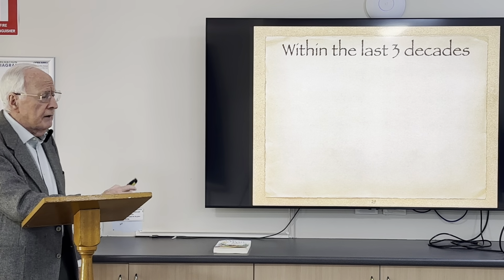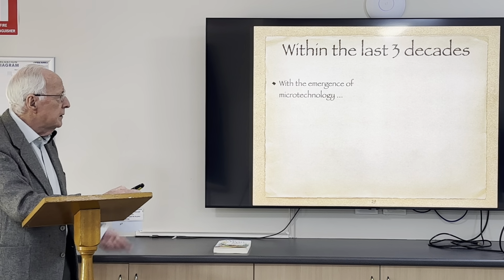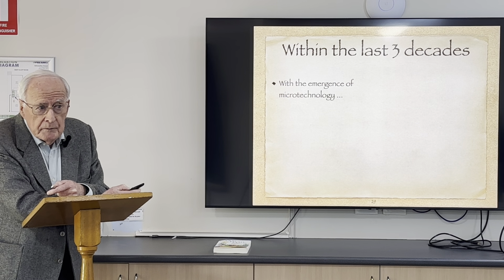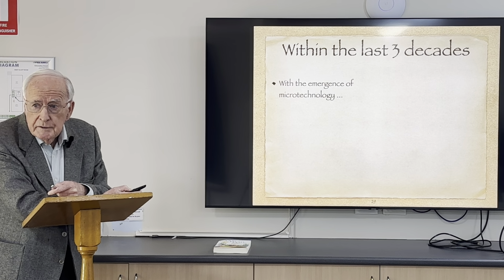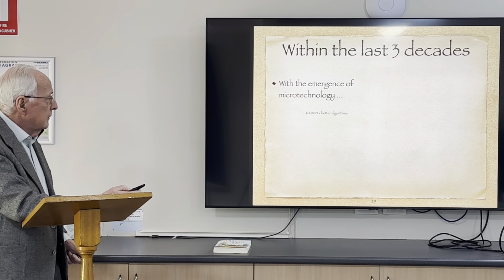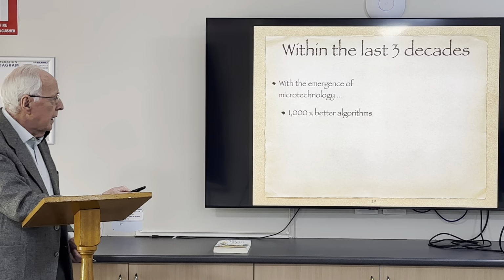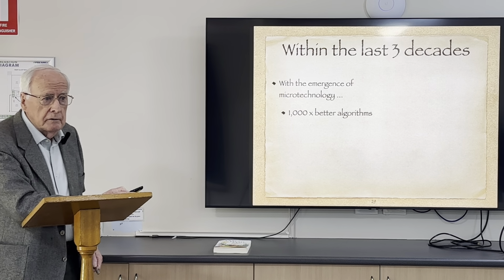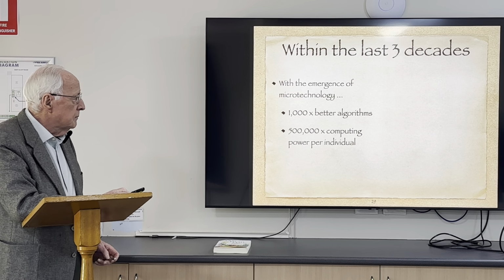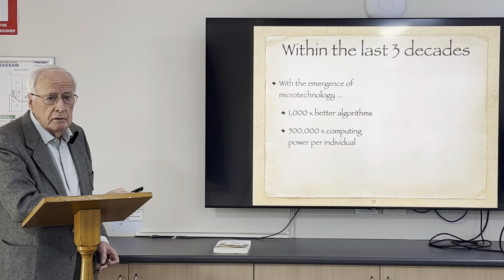So some of the things that have happened within the last 3 decades, and he was talking up to 2005, basically up to 2000. So it's happened even faster since. The emergence of microtechnology, we have 1,000 times better algorithms and 500,000 times computing power per individual.